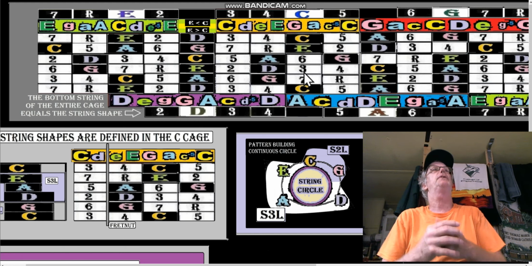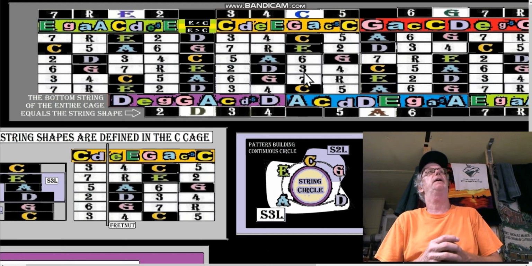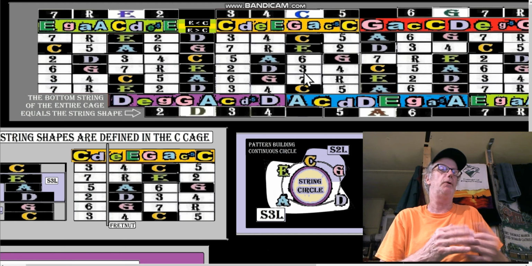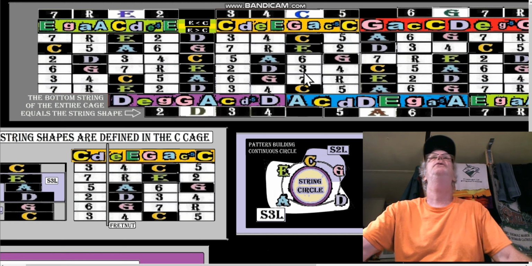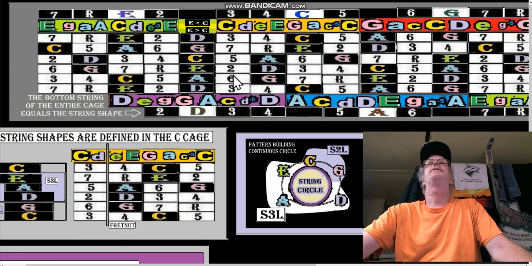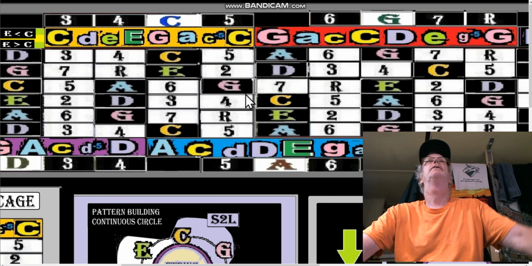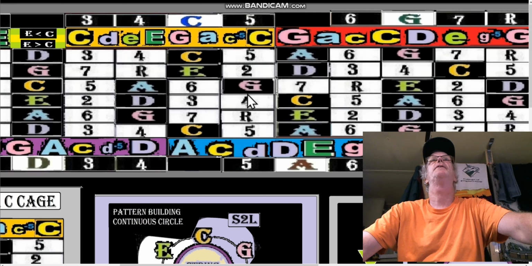Okay? And we're also going to talk about an advanced topic today, which is fitting in a shape when there's a capo there. And we can't do what we wanted to do. Let's say we have this box here. And I could talk forever on this stuff as far as when I get a diagram.